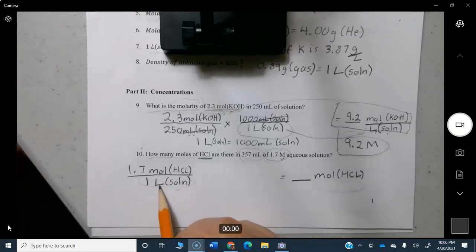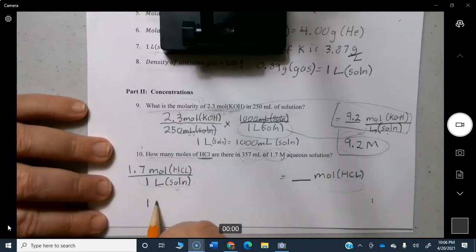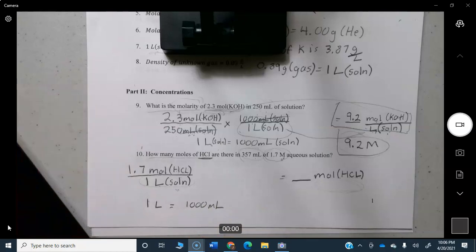So if we're dealing with liters here and milliliters here, we know we're going to need this relationship somewhere along the way. So let's go ahead and convert liters to milliliters.